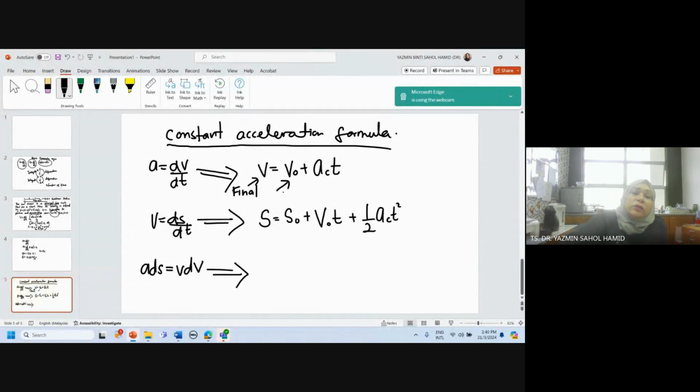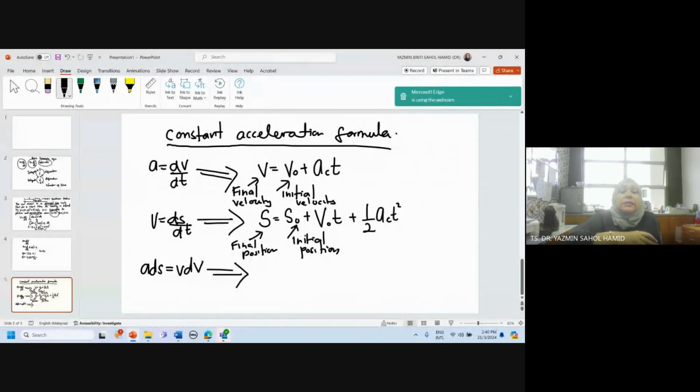What is v naught? v naught is the initial velocity. Similar with s, s will be the final position. Okay, maybe I have to write this down. And s naught will be the initial position.